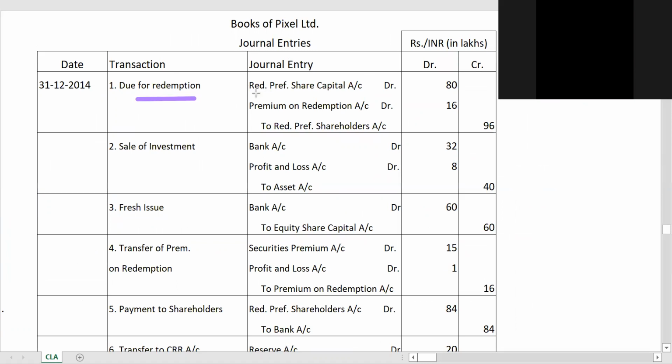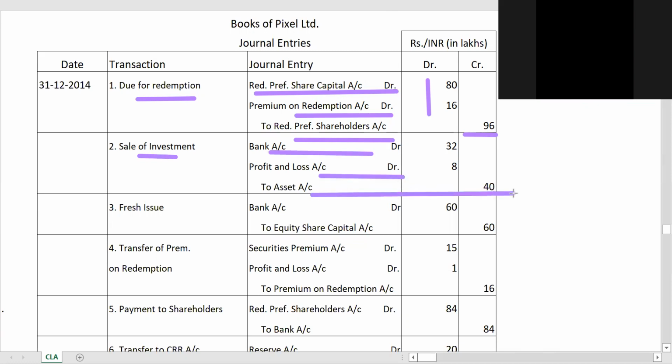Redeemable preference share capital debited, premium debited, to shareholders, 80 plus 16, 96. So due for redemption we put the entire 80, correct? ठीक है, तो ये हो गया. फिर बाद में हमने इन्वेस्टमेंट सेल किए, सो बैंक डेबिटेड, पीएनएल डेबिटेड, लॉस है, टू एसेट अकाउंट इज 40. ठीक है, सो दिस इज द सेल एंट्री.